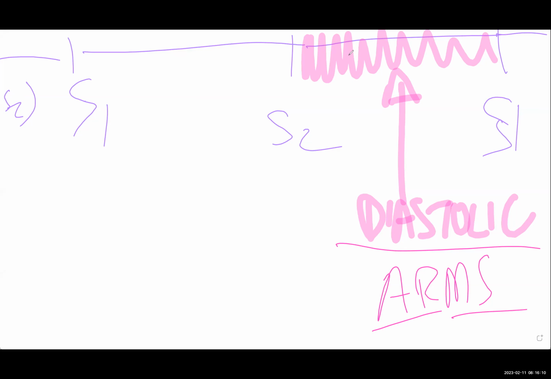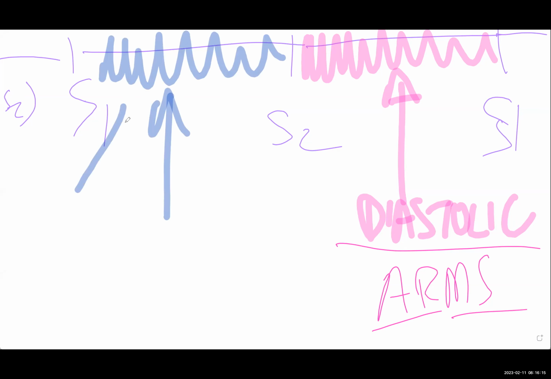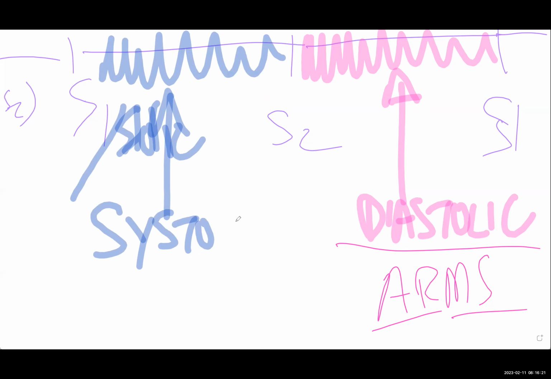Blue, maybe? Right? So systolic murmurs occur here, right? That's ugly. Anyways, they occur between S1 and S2, right? Diastolic are between S2 and S1, or diastolic are before S1, and systolic are after S1, right? So you can word that however you want, but if it occurs in that space, it's systolic or diastolic, right?